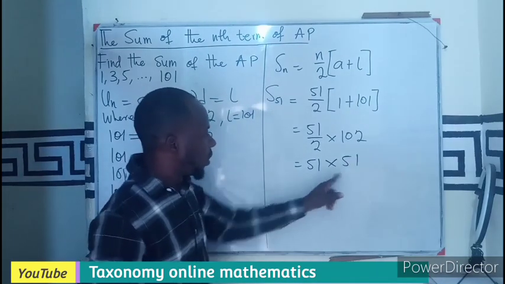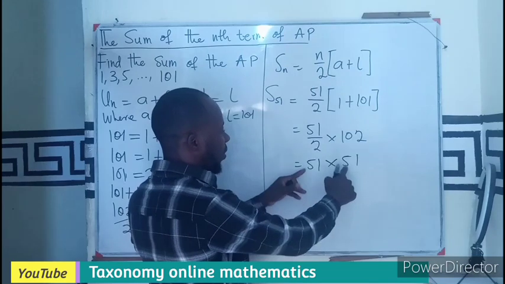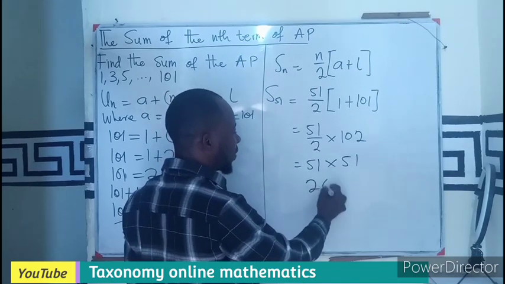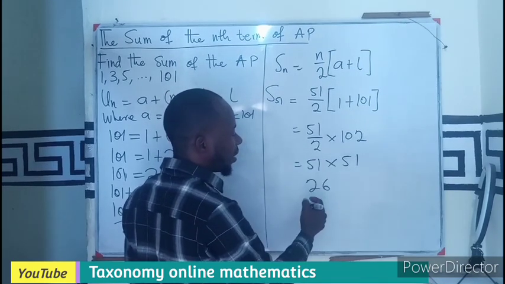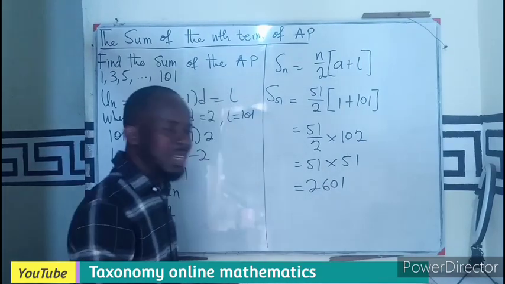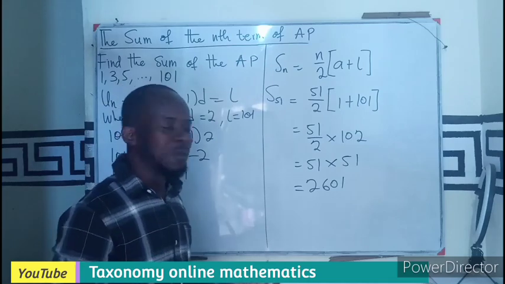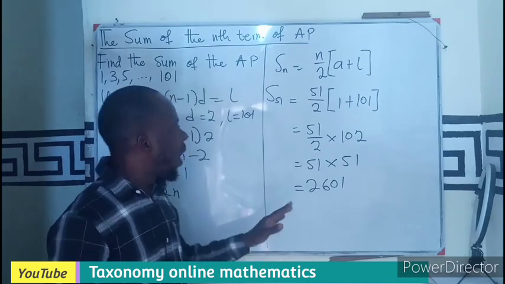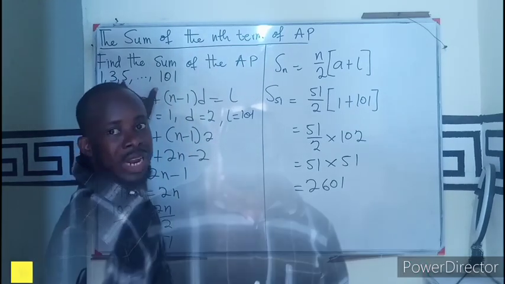And that is going to be 25 plus this, so 26, that will be 2,601. That will be our sum of all the terms.